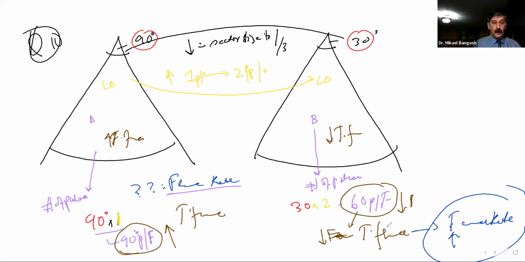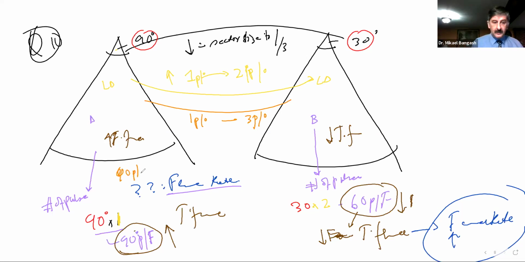Now, had they asked and said that the sector size is reduced from 90 degrees to 30 degrees, but at the same time the system automatically goes from 1 pulse per degree angle to 3 pulses per degree angle, then in both cases, what would we have had?